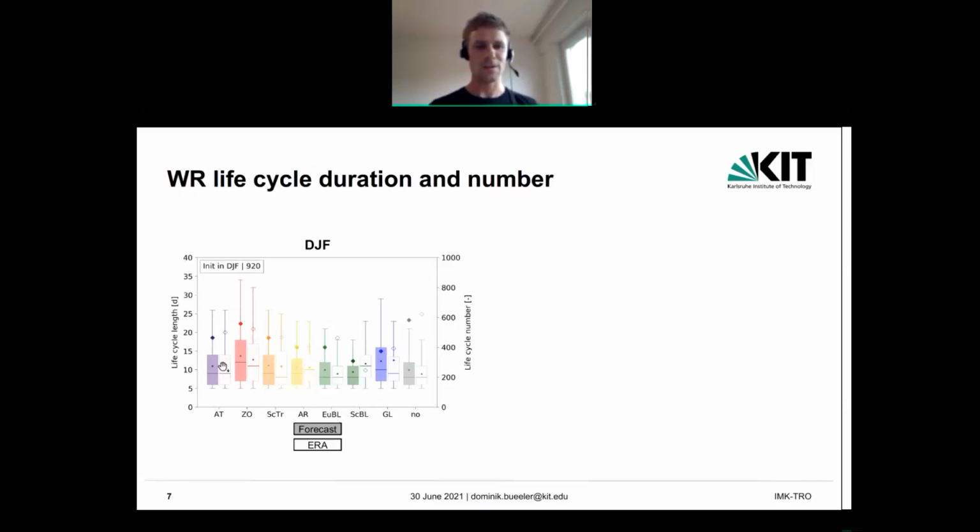If we first focus on verifying the forecast a bit, we see on average, so this is the dots here, that the life cycle length can be predicted relatively well. And when we look at the life cycle number, the diamond symbols, and compare them between the forecast and ERA-Interim, we also see that overall there are no large mismatches. So the forecast captures these climatological properties relatively well.